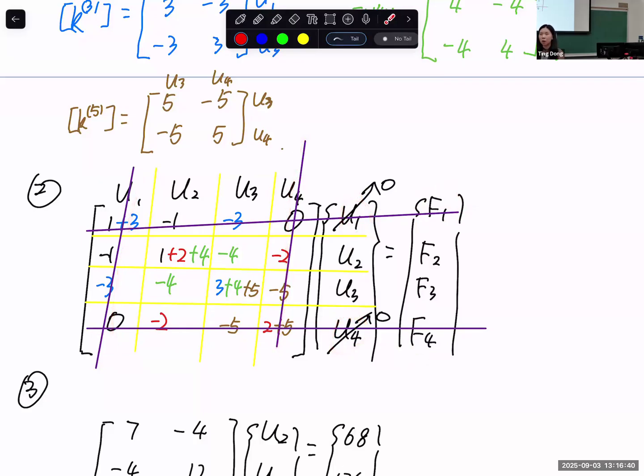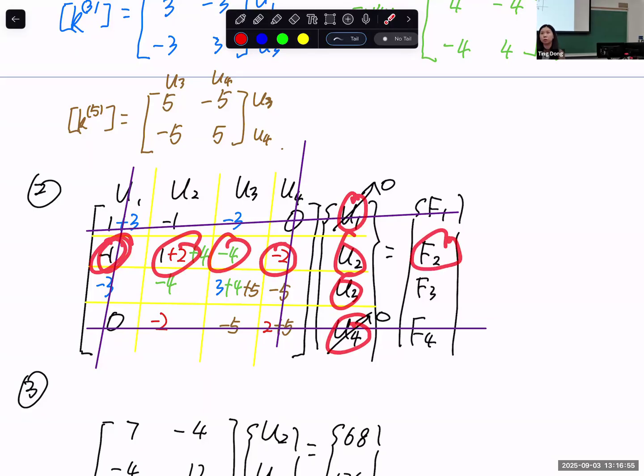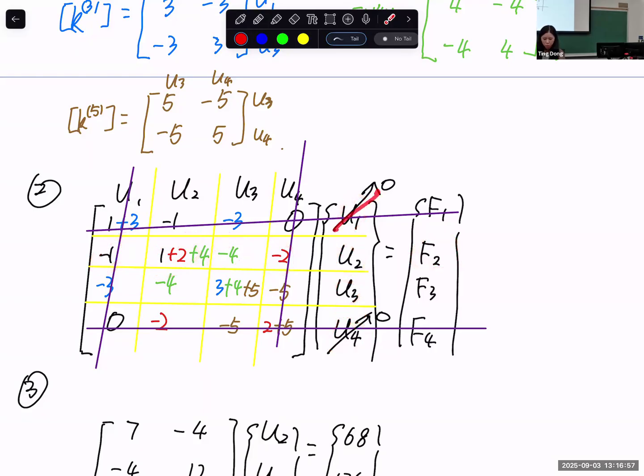And again, based on how you do the matrix vector calculation, let's start from the second row, since the first row is deleted. This one, -1 times U1, this one times U2, this one times U3, this one times U4 equals F2, right? But since we know that U1 equal to 0 and U4 equal to 0, it doesn't matter what is here or here. So we can just ignore these two columns. That's how we apply the boundary condition. We always delete the rows and columns corresponding to the boundary condition.